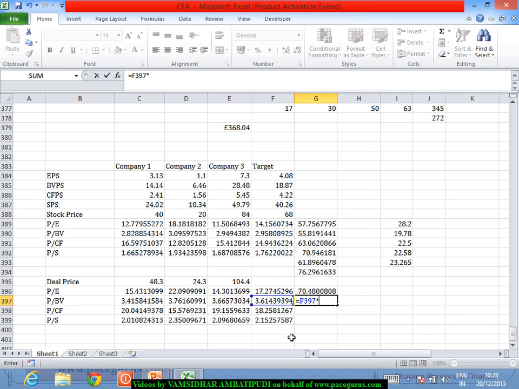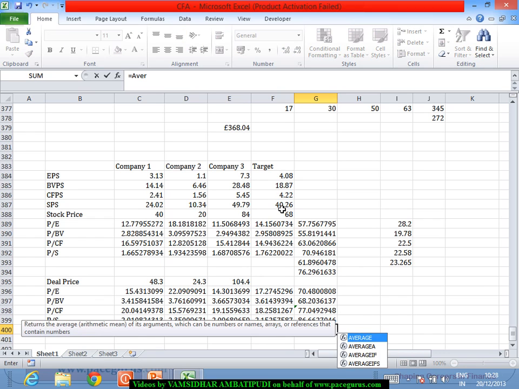Based on P by BV times the book value per share, I say it should be around 62. Based on cash flow per share multiplied by price to cash flow ratio, I say it should be somewhere around 77. And based on price to sales multiplied by sales per share, I am saying somewhere around 86.